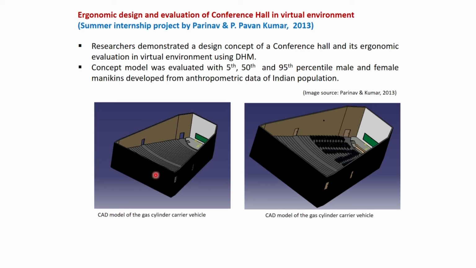For that purpose various human factor issues are considered, and each and every component, starting from chairs, podium, stairs, board, dais, everything, is designed individually as per human compatibility, and those are arranged inside the room.